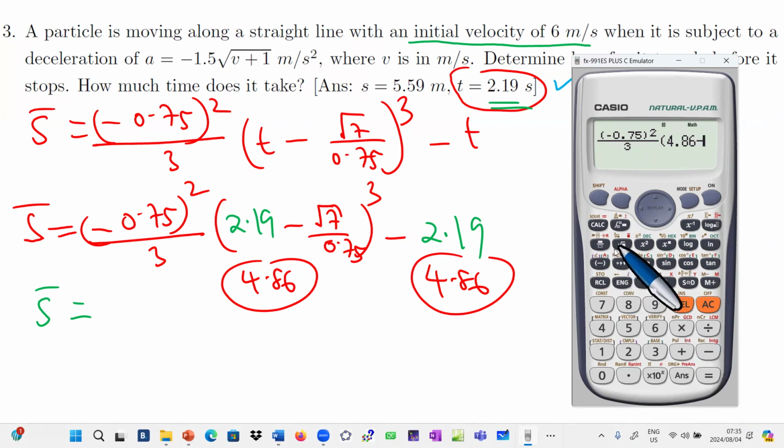It's going to be negative still. So you have 7 here, 0.75 cubed, minus 4.86. You can see it's actually yielding a negative result.